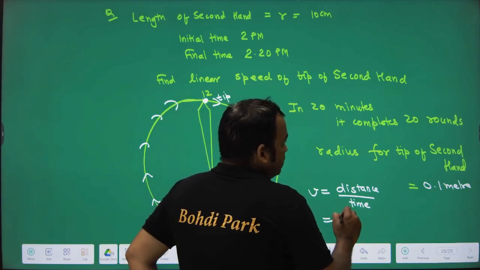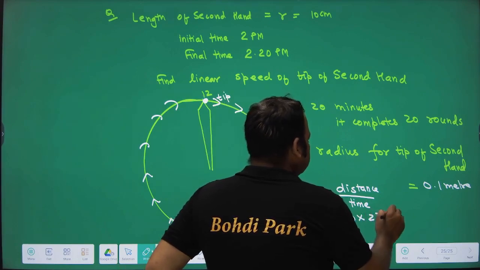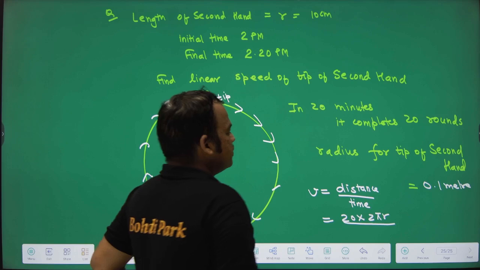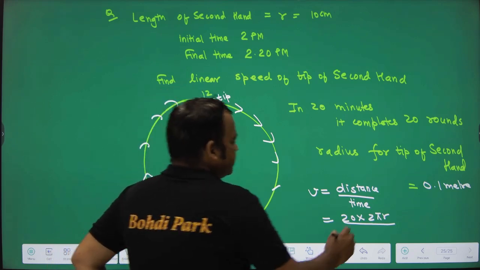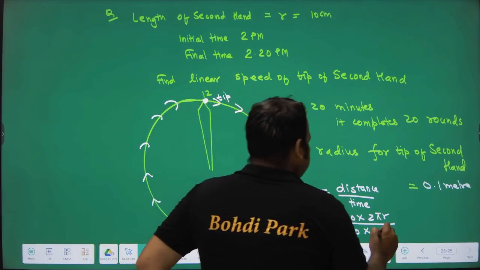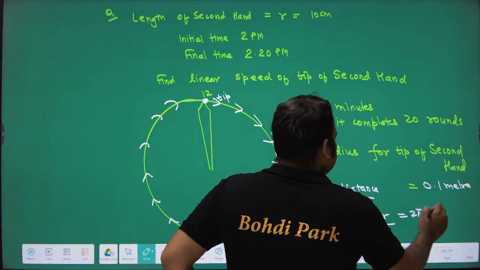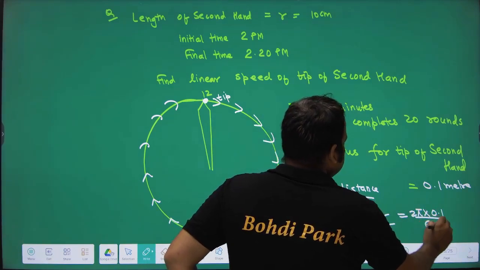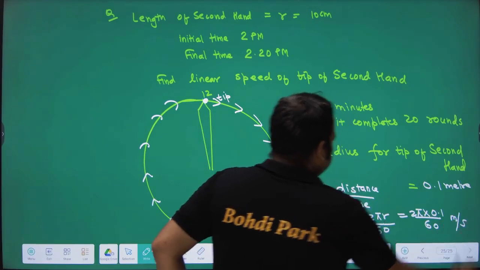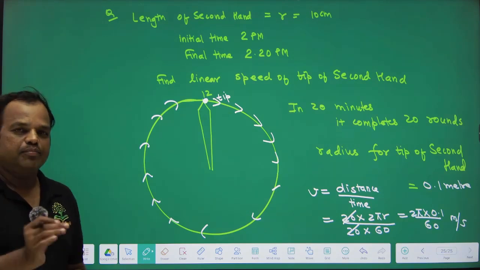So distance will be equal to 20 into 2 pi r, and 20 minutes will be 20 into 60 seconds. So that is equal to 2 pi into 0.1 divided by 60 meter per second. This is the linear speed of second hand tip.